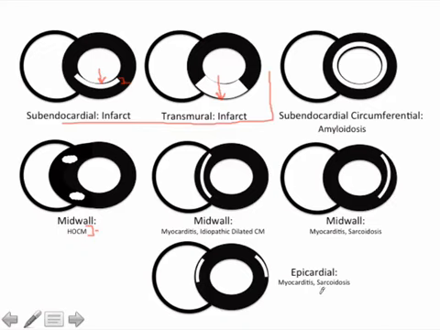And sarcoid can look like that also. That's a case that I didn't show. And like sarcoid does, it can do a lot of different things. It can involve the septum or the lateral free wall.